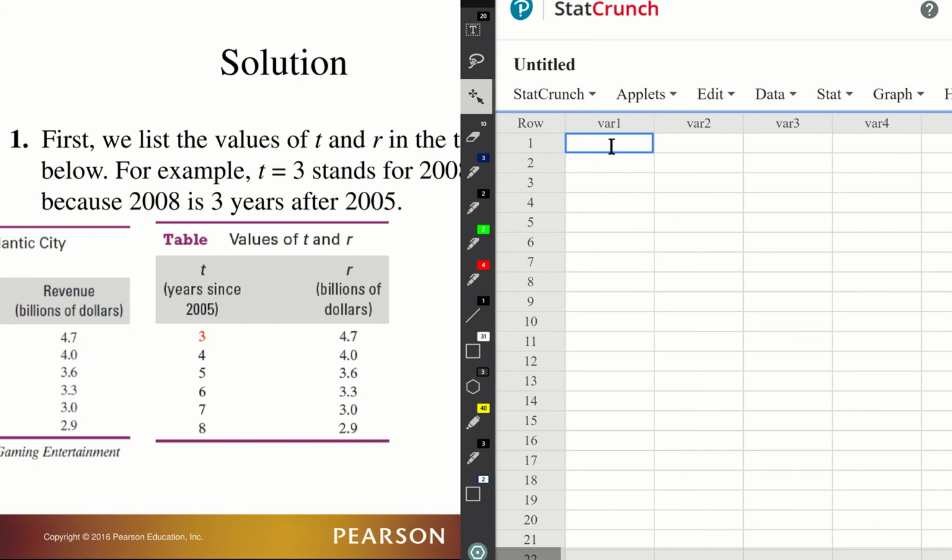Okay, so here we have StatCrunch, and we're just going to start typing in the first column. So we have 3. Easiest thing is just to type the number and hit the down arrow to go to the next field.